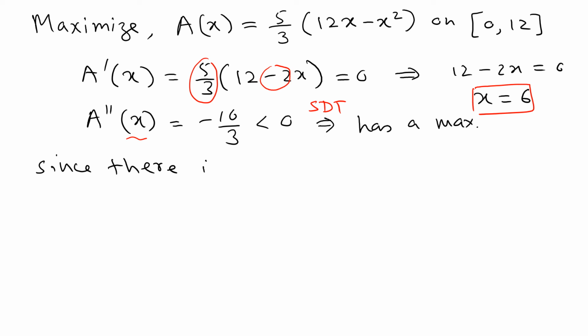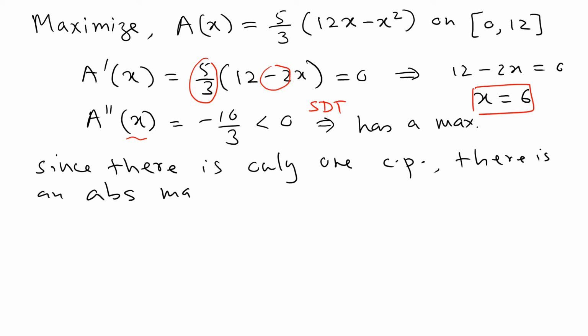Otherwise we cannot say that, because it could be at an endpoint. So there is an absolute maximum at x equals 6.